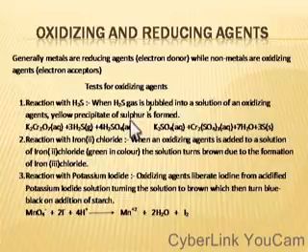potassium dichromate(VI), which is an oxidizing agent, when it reacts with hydrogen sulfide, that means acidified potassium heptaoxodichromate(VI).